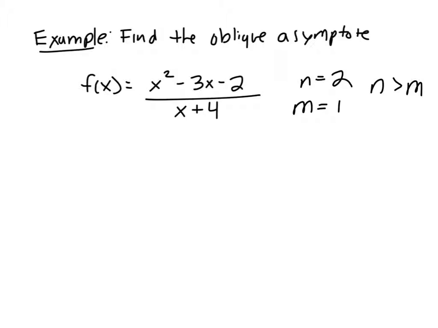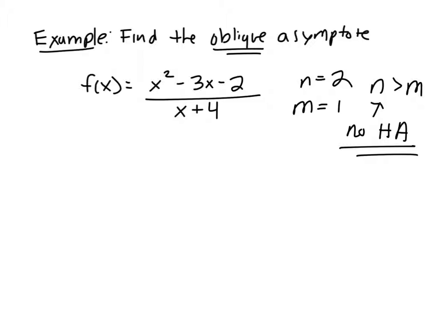If you remember our rules about horizontal asymptotes, this meant that there was no horizontal asymptote. When you see that there's no horizontal asymptote, that's when you start questioning, should I look for an oblique asymptote? So now let's get started trying to find the oblique asymptote.